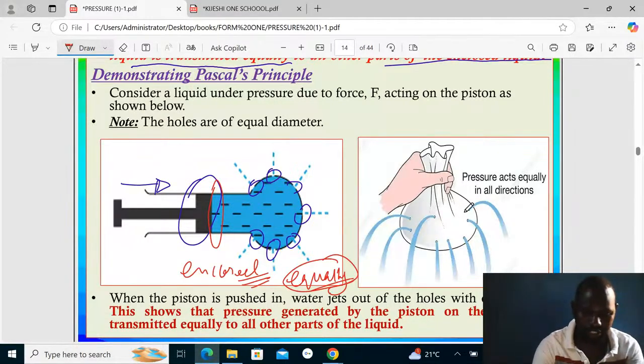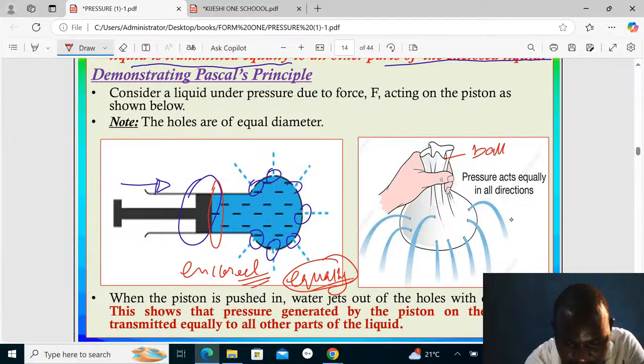Now, if you check the second diagram, the person is trying to press the neck of this balloon. This one is just balloon-like, and it has some liquid inside.